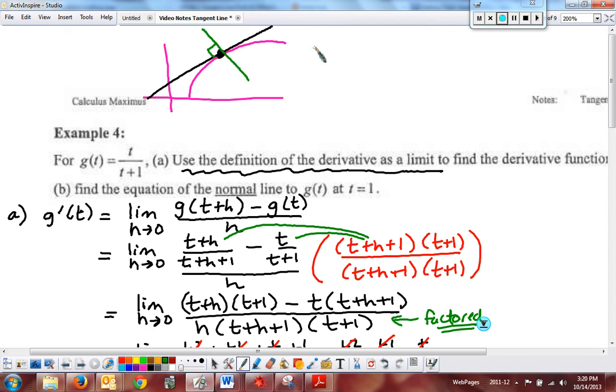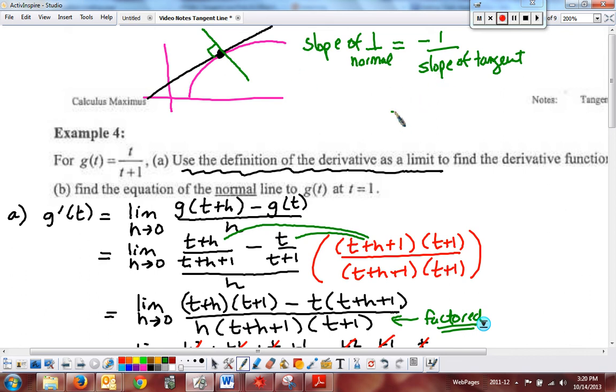Okay? Now, do we remember what's true about perpendicular lines? The slope of the perpendicular line is going to be the opposite reciprocal of the slope of the tangent line in this problem, because they are the opposite reciprocals. So the slope of the perpendicular, which is going to be the normal line, is the opposite reciprocal of the slope of the tangent.